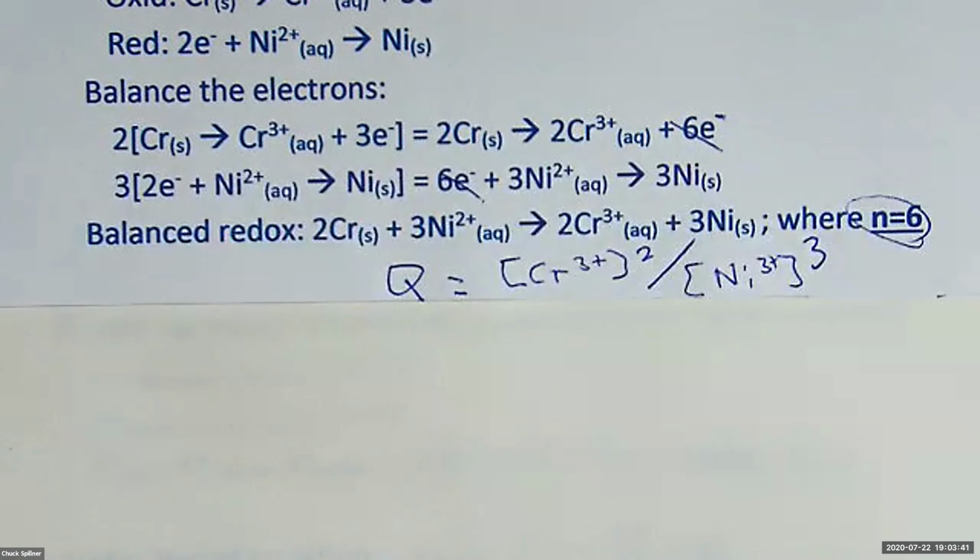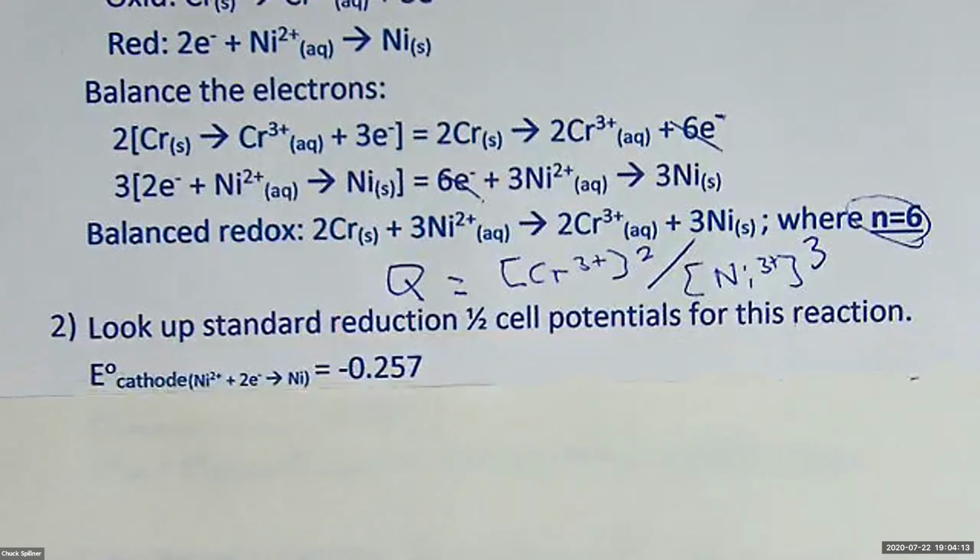So sometimes you have more aqueous species than just one on the reactant side and one on the product side. When you have a more complicated reaction, you may have hydronium ion, you may have hydroxide ion. So you have to include those in the Q. In fact, that's what's in the problem I'm going to have you solve.